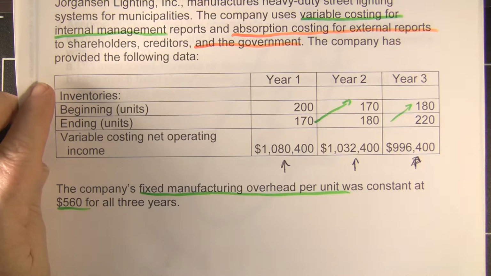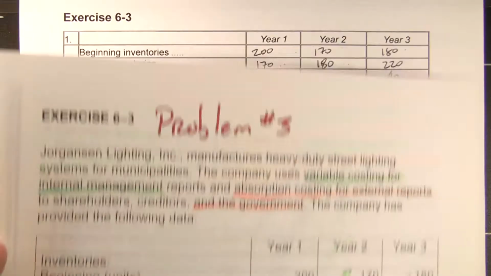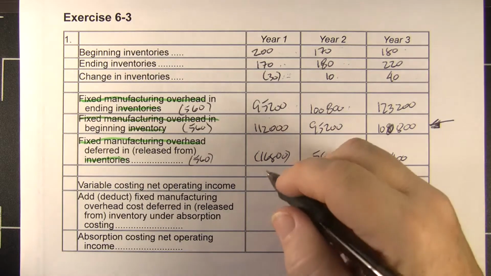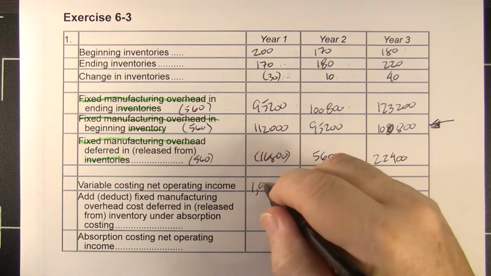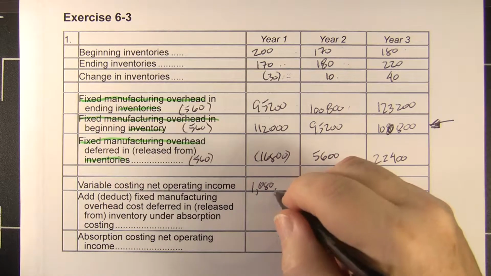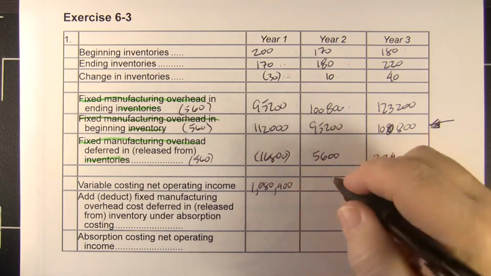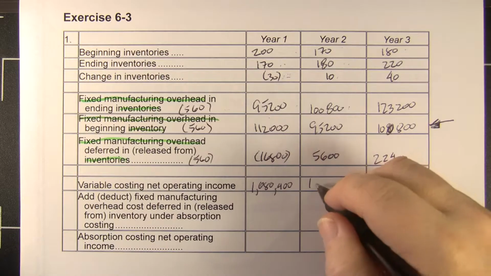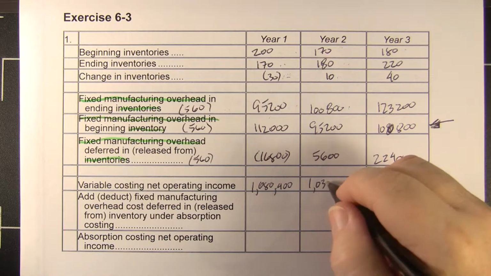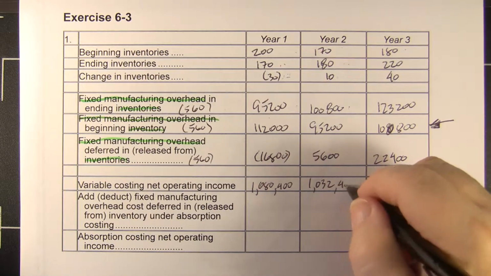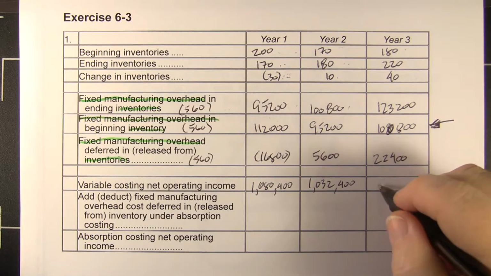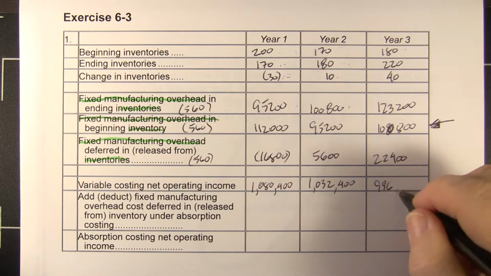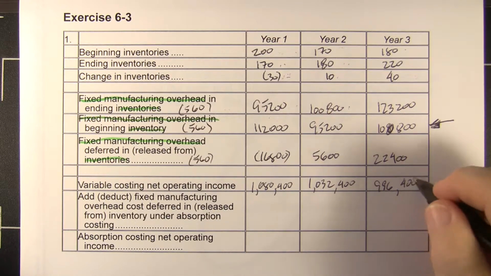Write it down. So the variable costing net operating income for year 1, 1,080,400. Year 2 is 1,032,400. Year 3, 996,400.